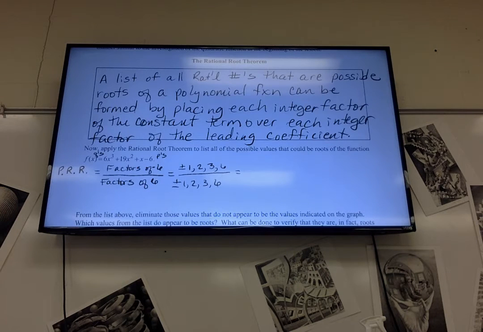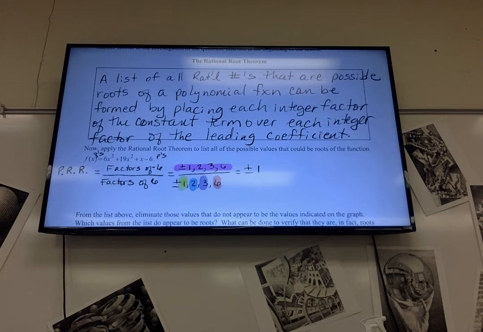So we're going to put each one of these numbers over each one of these individually. So, like, we're going to put plus or minus 1 over 1.